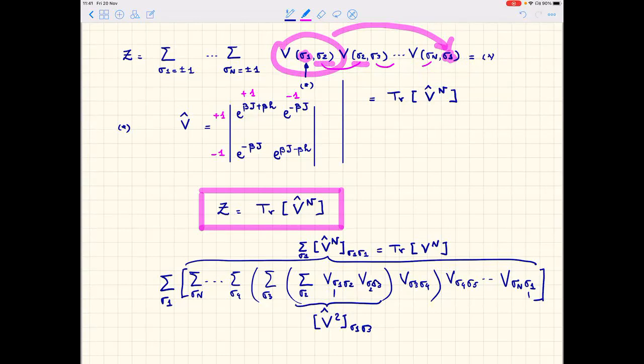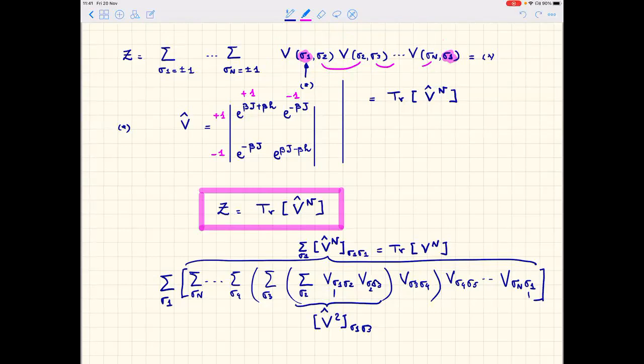So what I will have is the sum over sigma 2 of V to the n, sigma 2 sigma 2. It doesn't matter which one I sum. At the end, I will always get a trace of V to the power n. It doesn't matter in which order I sum them. You see what I mean? Yes. But my question is, when does the order of summation matter?